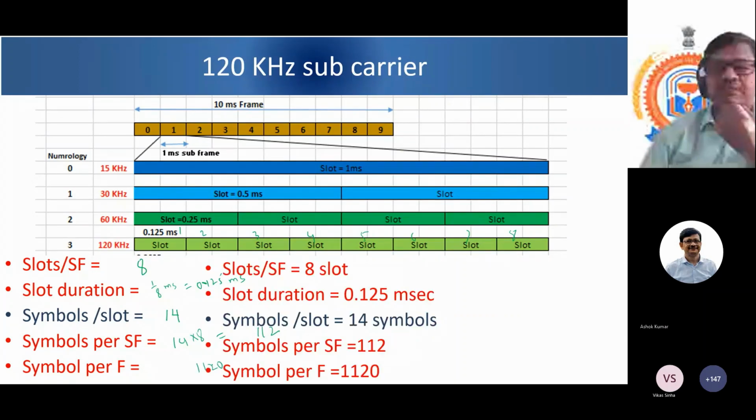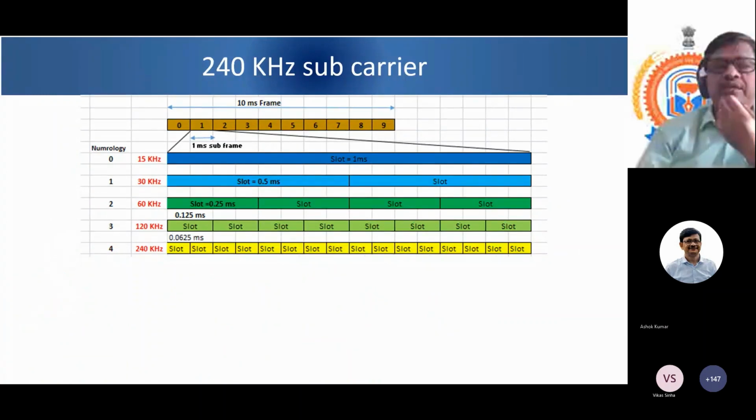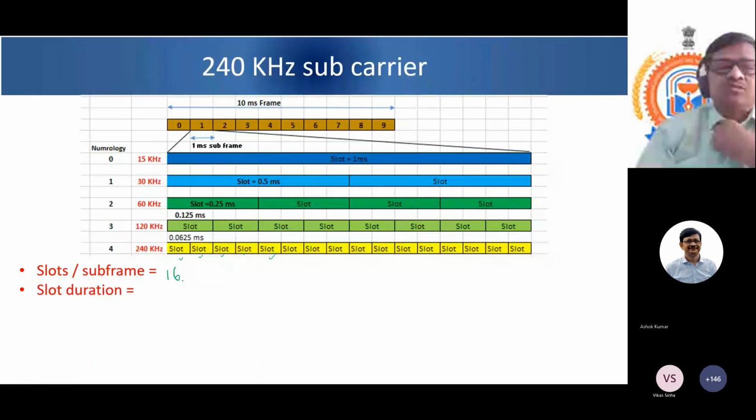The last is for 240 kilohertz. So here how many slots? 16, right? Because the slot duration has now become 1 by 16 of a millisecond. That means 625 nanoseconds.